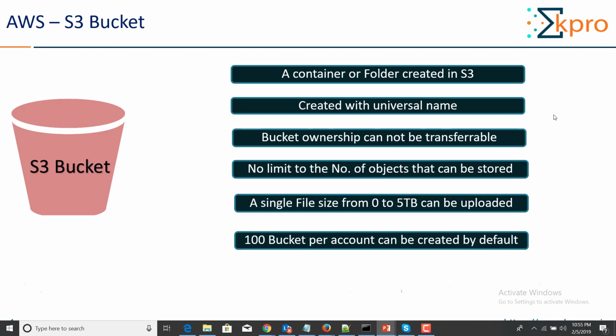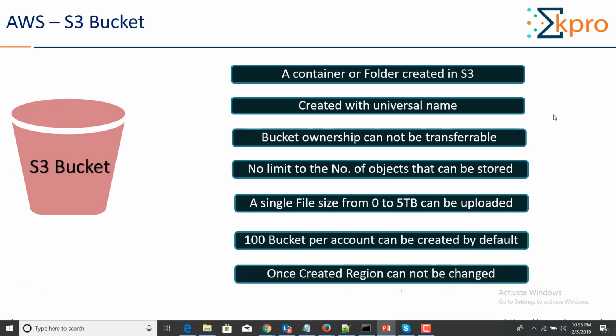100 buckets per account can be created by default. So if you have an account and you have to create buckets, you can create up to 100 buckets. But if you have to go beyond 100 buckets, yes, you can raise a service request with AWS and check with them. Once created, the region cannot be changed. That is also important.